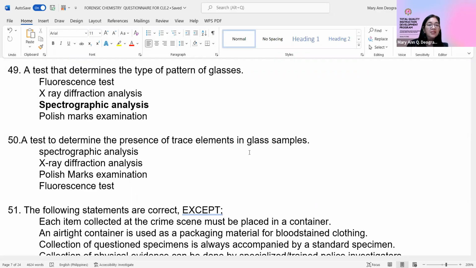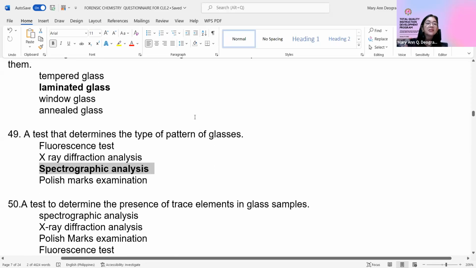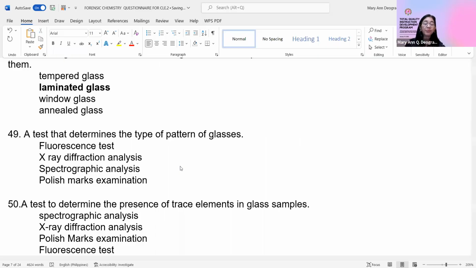Oh no, I reversed them. Sorry. Spectrographic is for number 50. You see, even I got confused. Alright. So, for the type of the pattern of the glass, which will tell us the composition of the glass, the answer here is the X-ray diffraction.